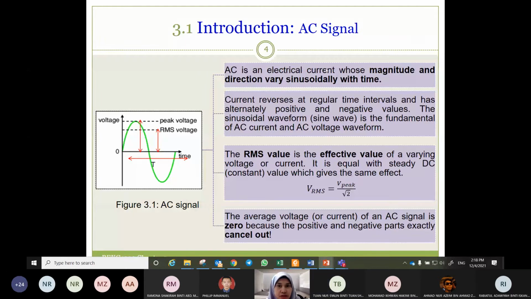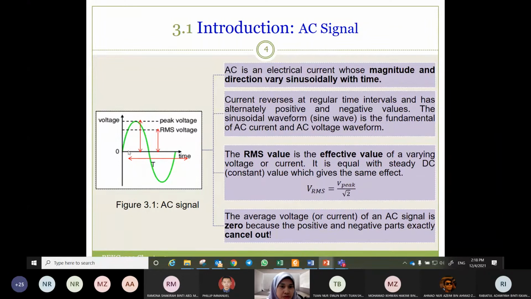AC is an electrical current whose magnitude and direction vary sinusoidally with time, because for each instantaneous time, the signal varies with time. Okay.